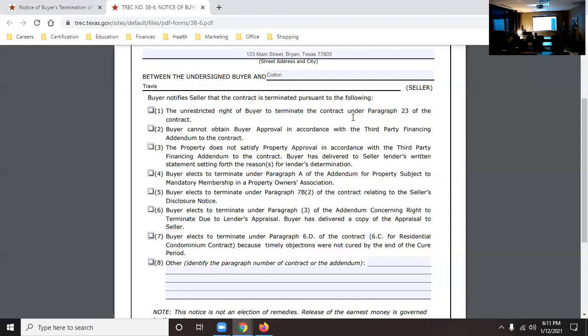Bullet 2, the buyer cannot obtain buyer approval in accordance with the third-party financing addendum. Okay, if Mr. Colton's trying to get financing and financing falls through, and the key point here, at no fault of his own, very important.